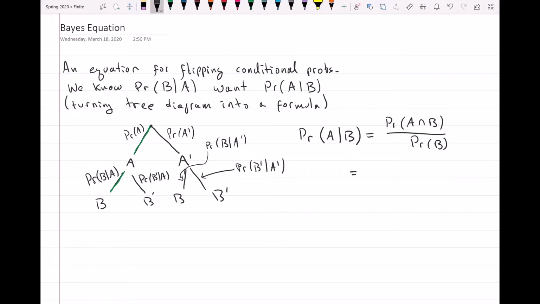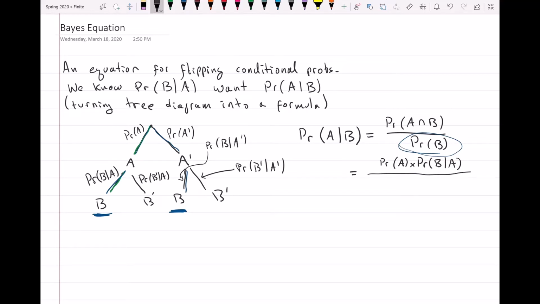So that equals the probability of A, which is the first path, times the probability of B given A, which is the second path. Now, to compute the probability of B, we need to sum all the different paths that land on a B. So this is the path that we've already done, and then there's this other path down here that lands on a B as well. And then we sum those together.